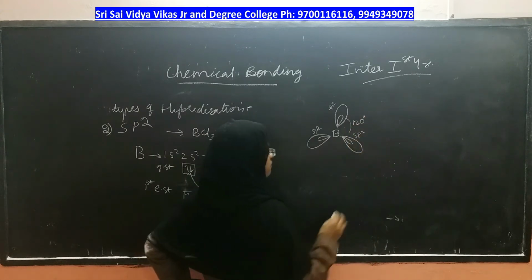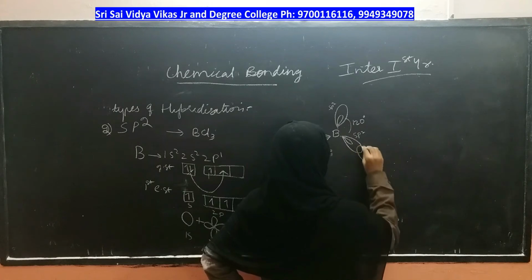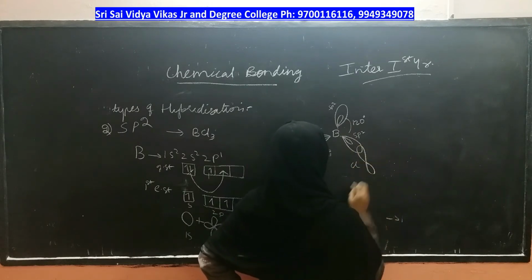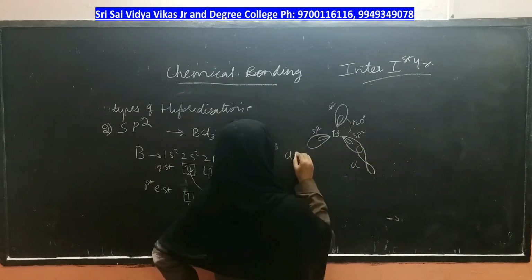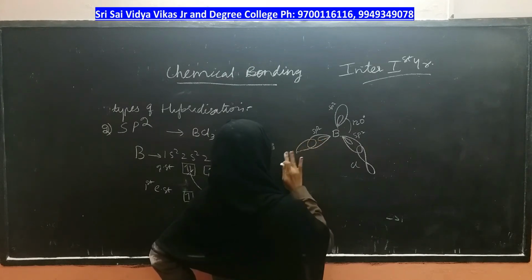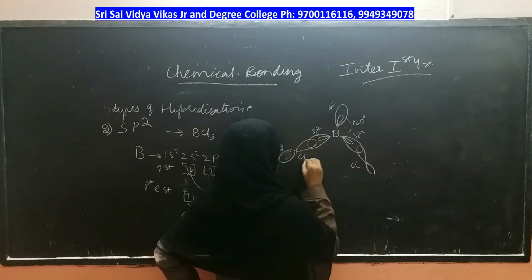The sp2 hybrid orbital of boron overlaps with the p orbital of chlorine. The sp2 hybrid orbital of boron overlaps with the p orbital of chlorine.